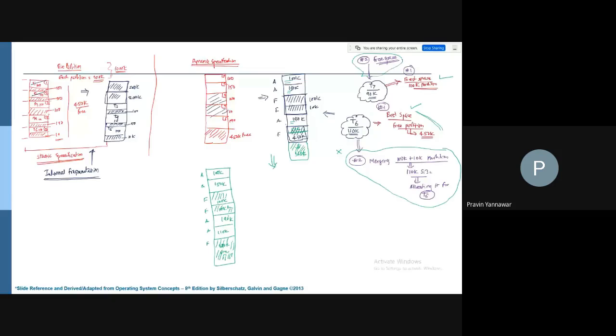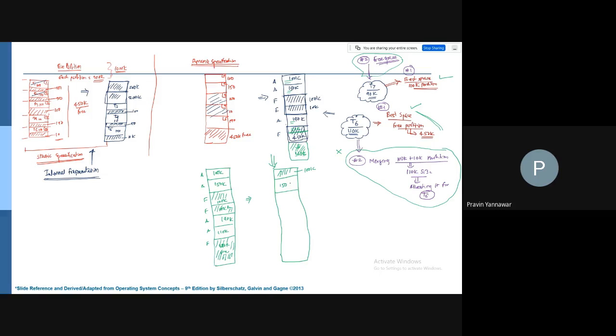And the problem is, see, if this gets deallocated, say 100K gets deallocated. The time you allocate this 110K, this particular task T6 here, at the same time we have got this 100K as free. So this 100K is free, right?